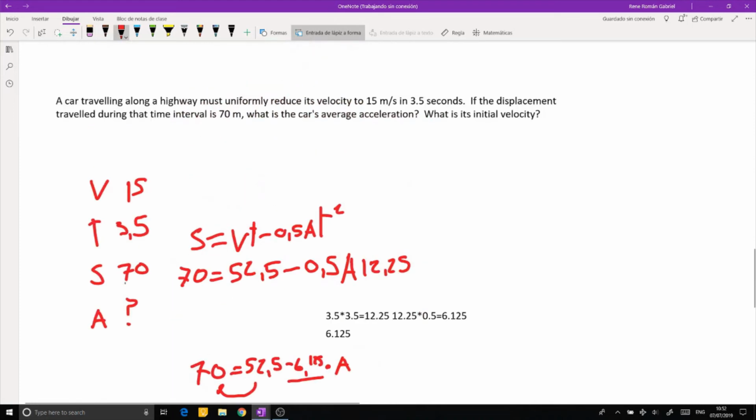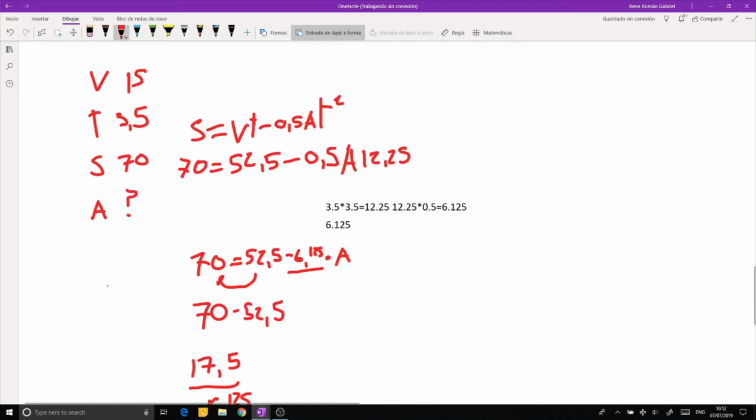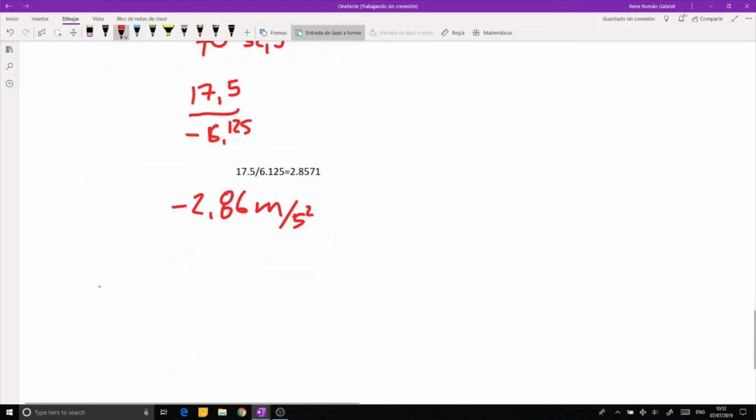So now they ask us, what is its initial velocity? So this one's really easy.